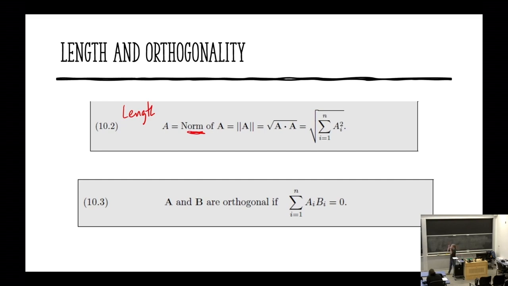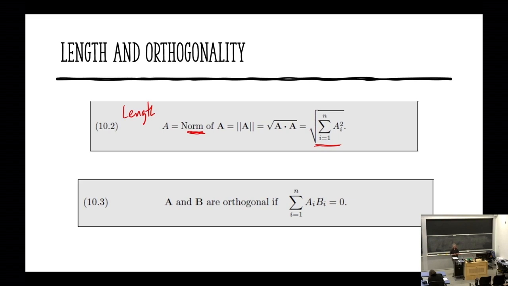It's often written with these two lines with the matrix in the middle. It's equal to the square root of the product of the matrix times itself. So if we write that generally, it's the square root of the sum from i equals 1 to n of a_i squared.